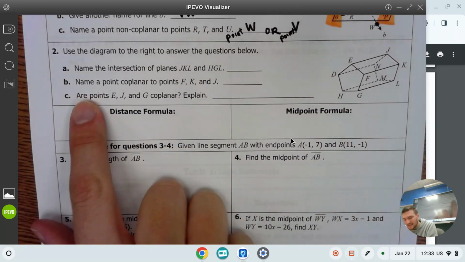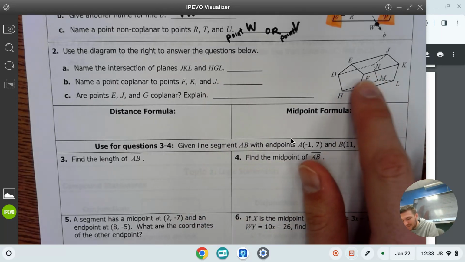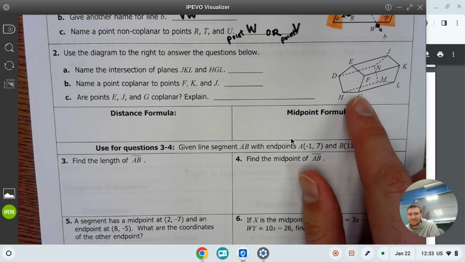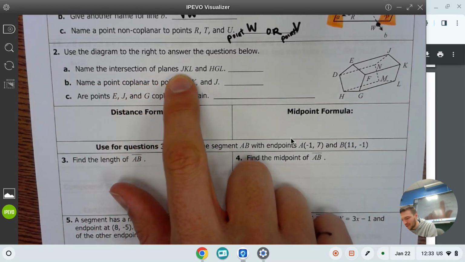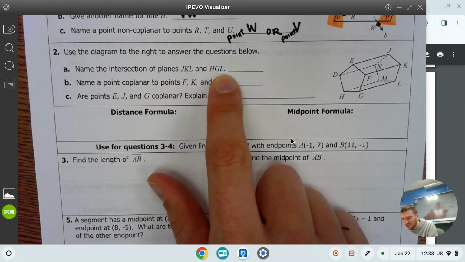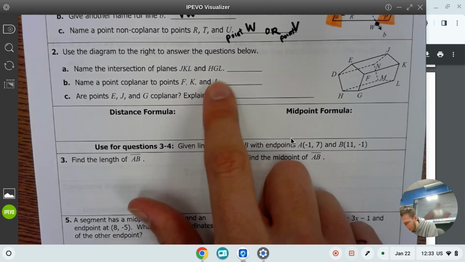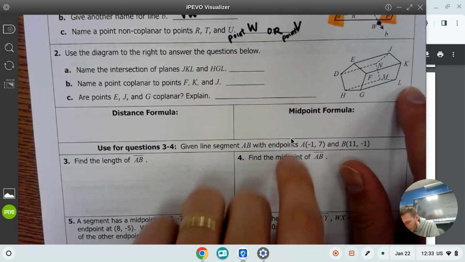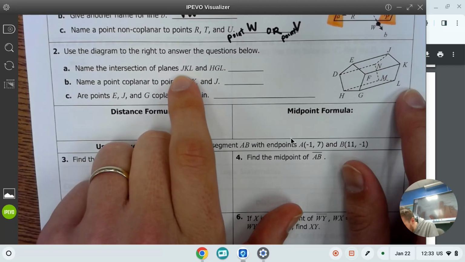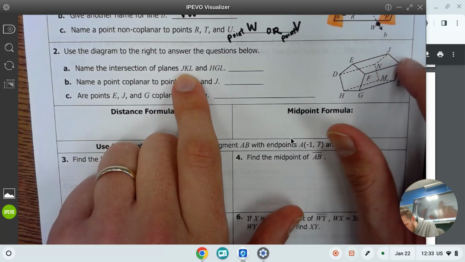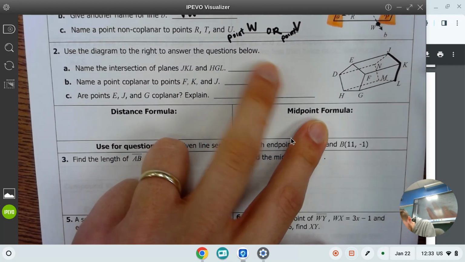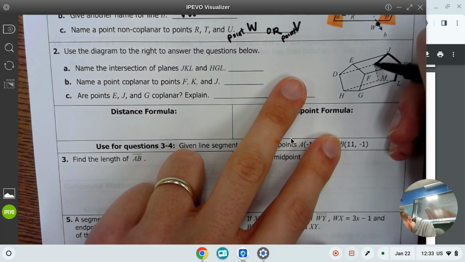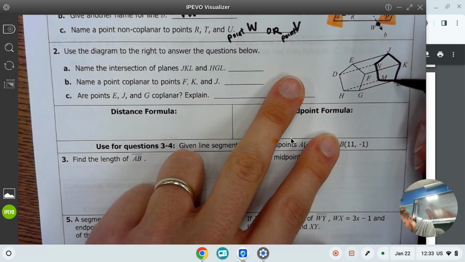Up next, we've got a really crazy looking shape. I remember doing this exact picture throughout the year. Name the intersection of planes JKL and HGL. I noticed that L is repeated here. JKL is these 3, and it looks like it's talking about that back wall.